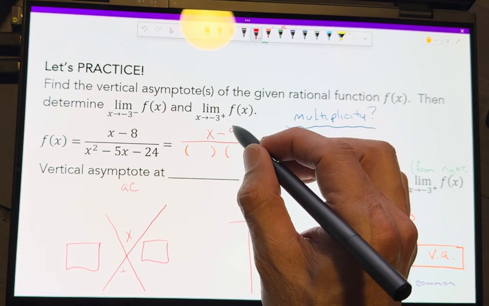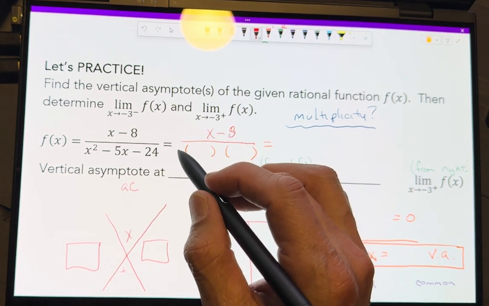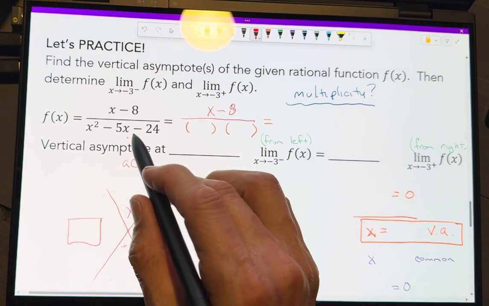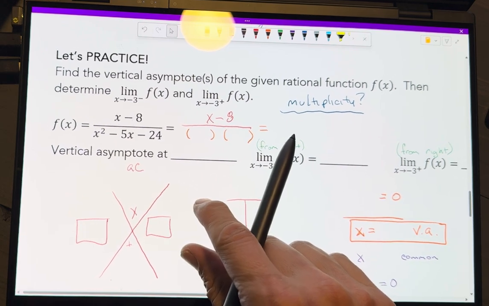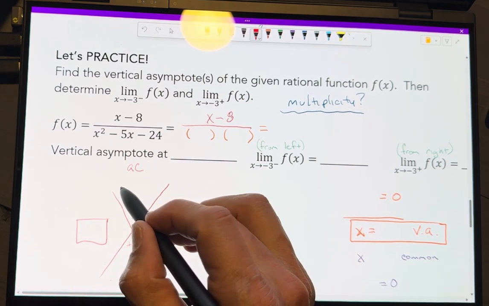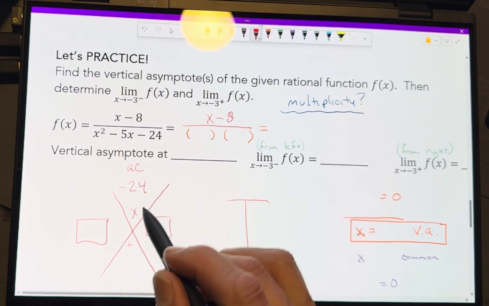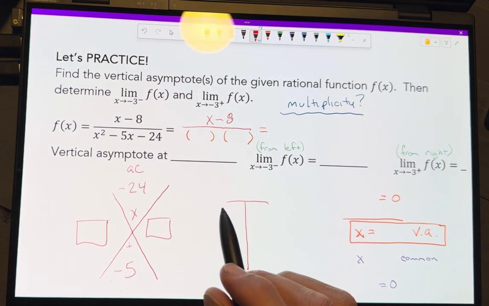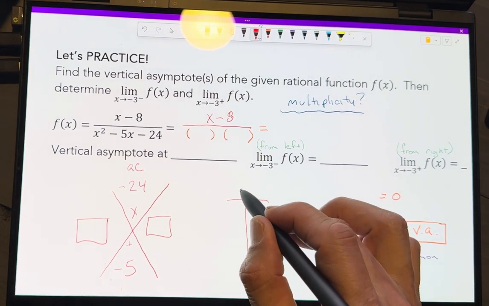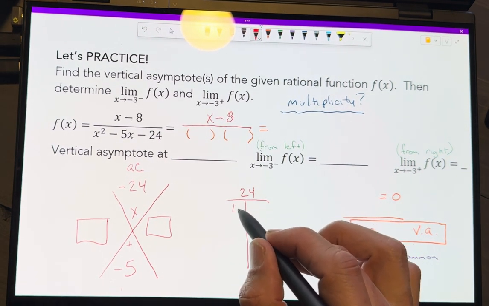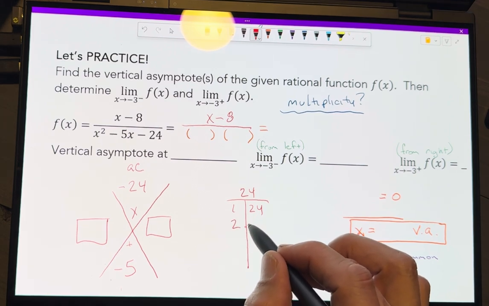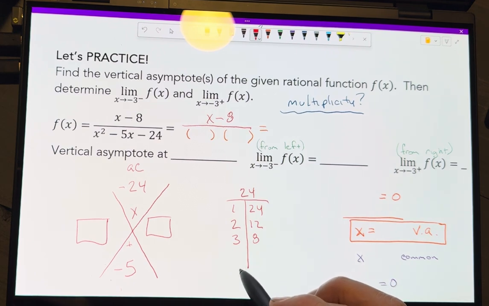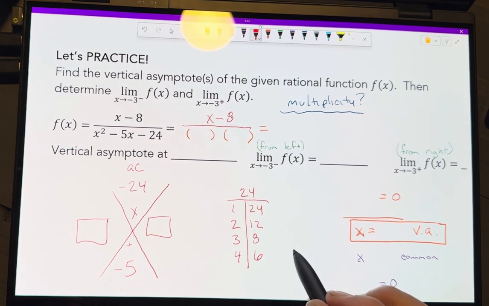So let's factor this out. x minus 8, there's nothing to factor there. But we do have x squared minus 5x minus 24. 1 times -24 is -24. Our b term is -5. Let's find the factors of 24: 1 times 24, 2 times 12, 3 times 8, and 4 times 6.